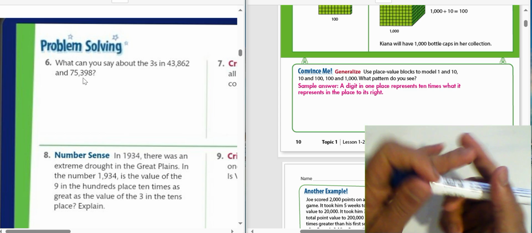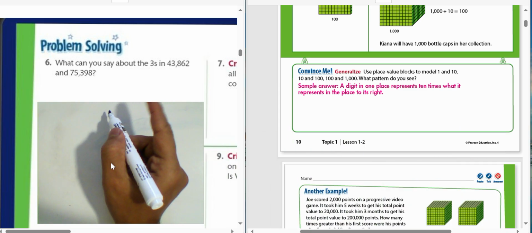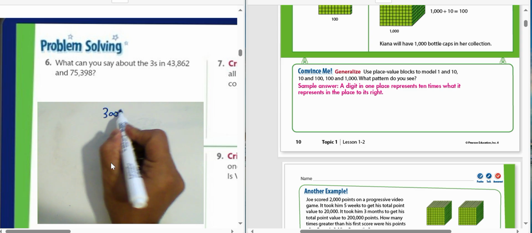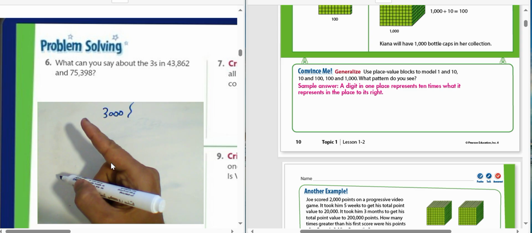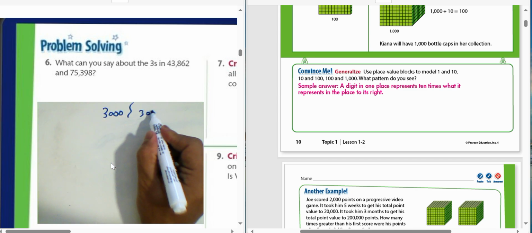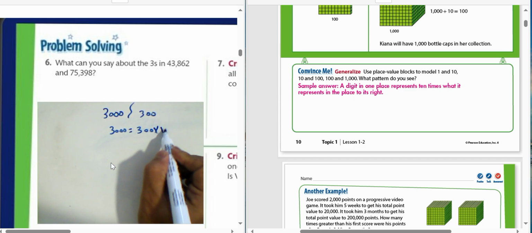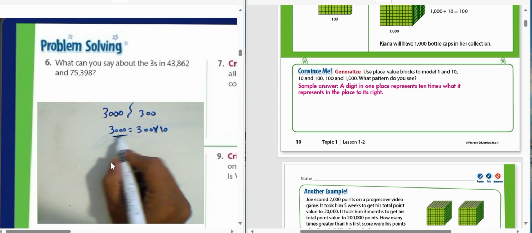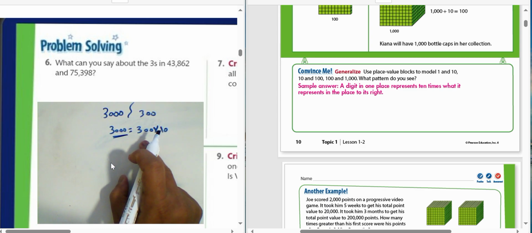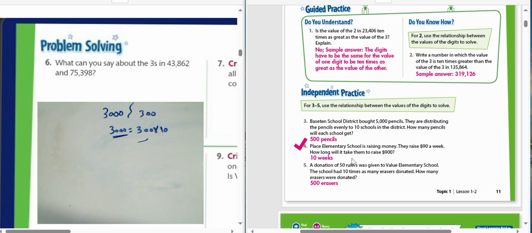And we know 3000 equals 300 multiplied by 10. So the value of digit 3 in the first number equals 10 times the value of digit 3 in the second number. So what exactly is the simple answer you can write?